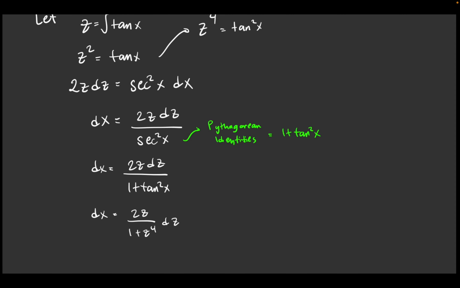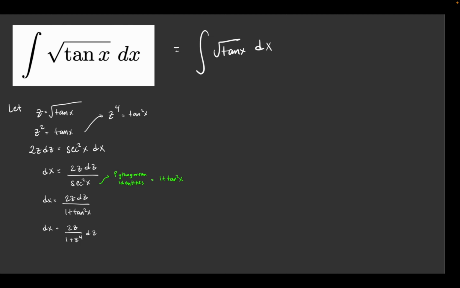Okay? Now, with this kind of algebraic substitution, sige, try ko siya munang paliitin dito. We can express the integral of square root of tangent of x, dito ko na lang ilalagay, this is square root of tangent of x dx.